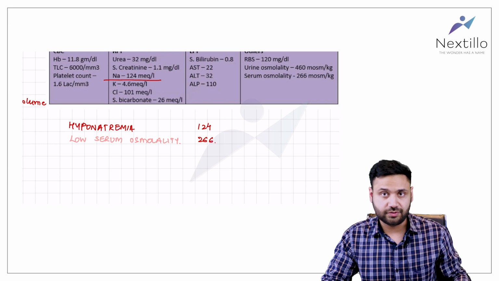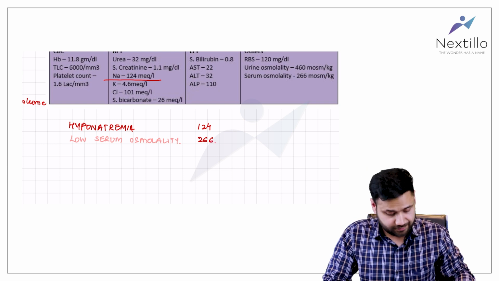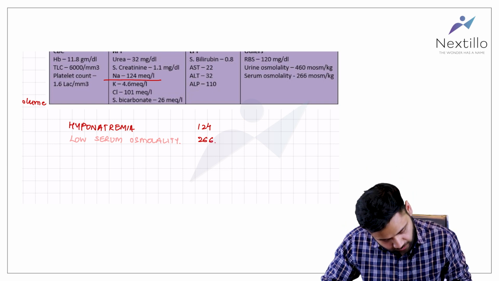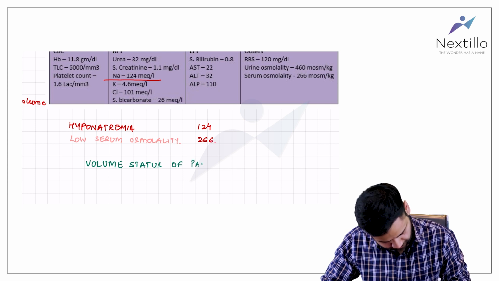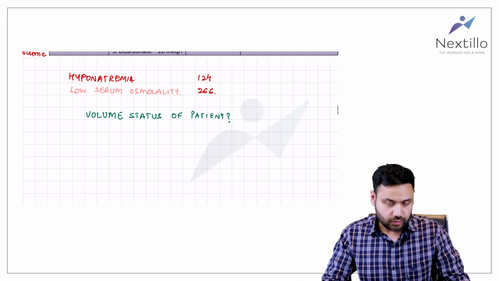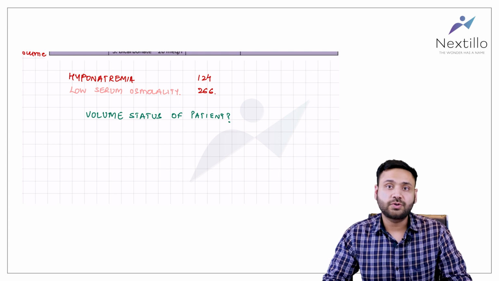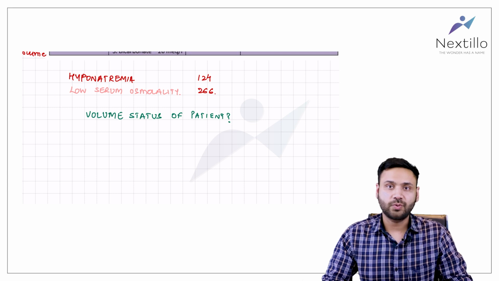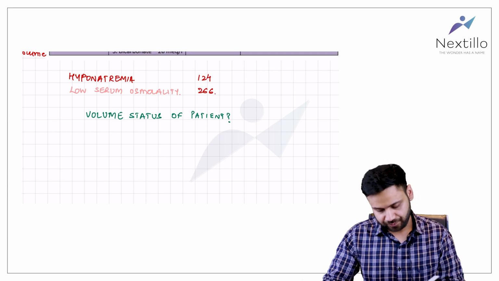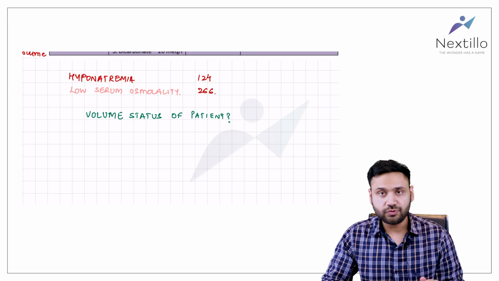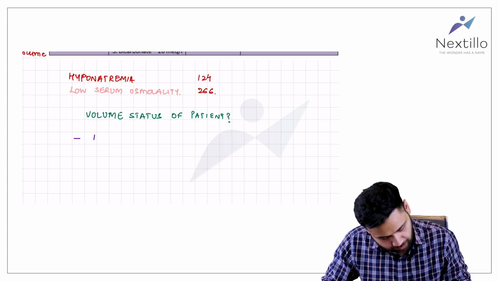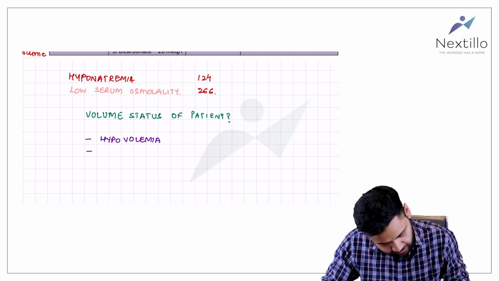So what's the question? The question here is, what is the volume status of the patient? So to answer this question, we should know which are the volume states commonly asked in the exam. The three most common are hypovolemia, euvolemia, and hypervolemia.